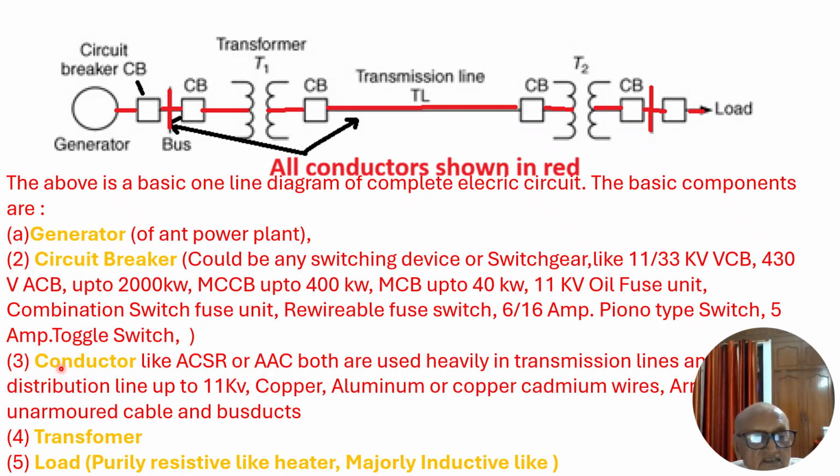Then conductor is the third element, and they may be of ACSR, aluminum cored steel reinforcement, or all aluminum conductor. Both are used heavily in transmission line and distribution line up to 11 kV.